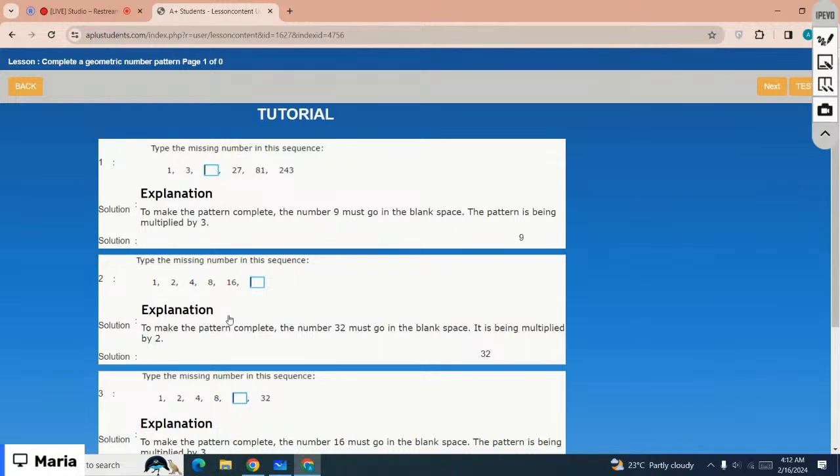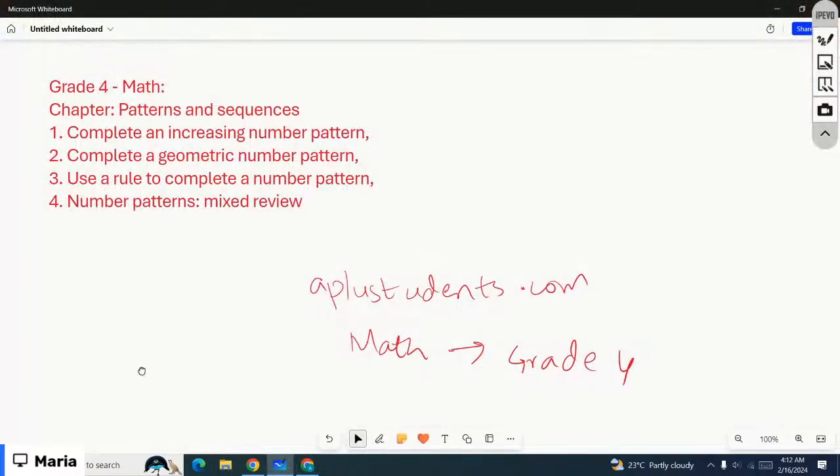The one we have just finished is the arithmetic pattern, right?